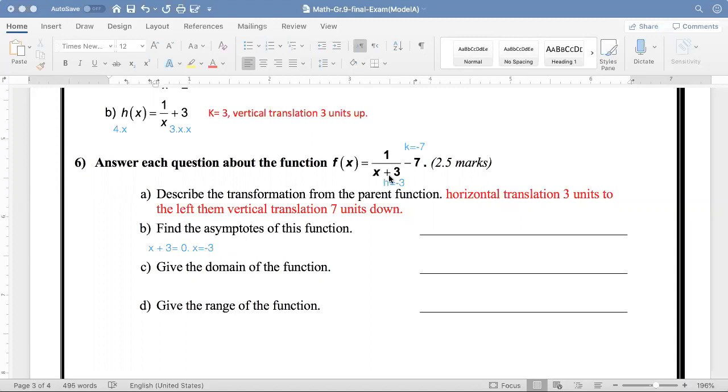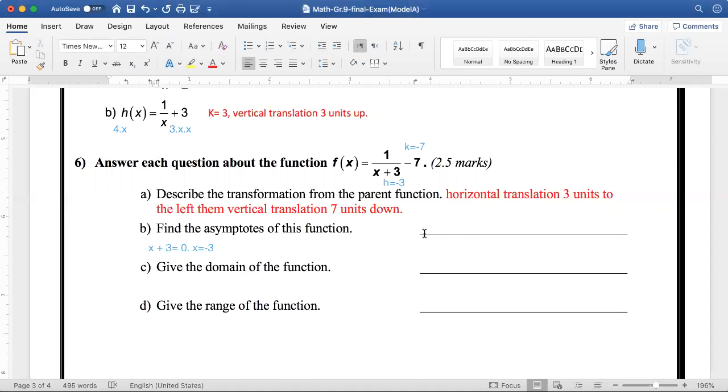What is the second asymptote? The second asymptote is y. The value of y here is negative 7. So when it is required to get the asymptote, I will get x and y. X is the value that makes the denominator equal to 0, and y is equal to negative 7.